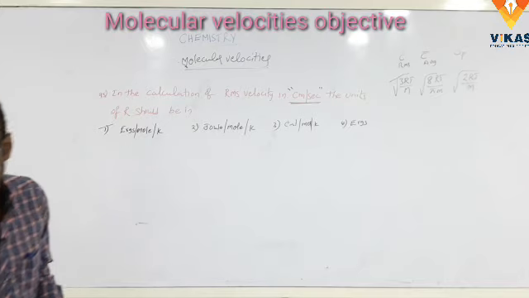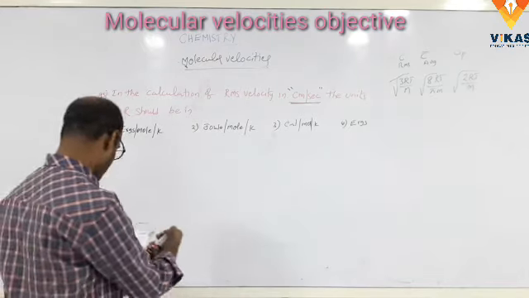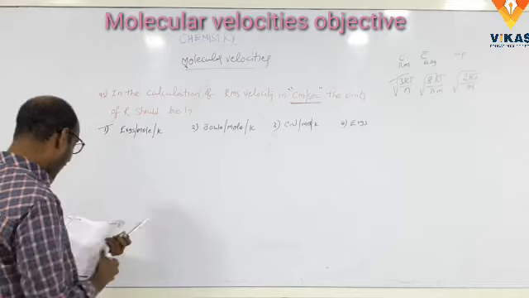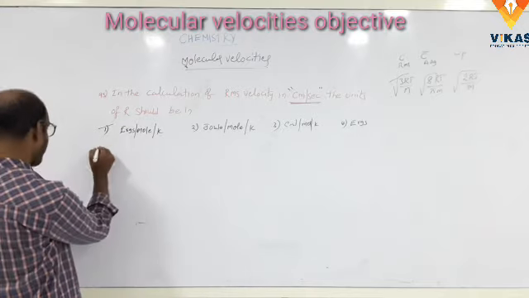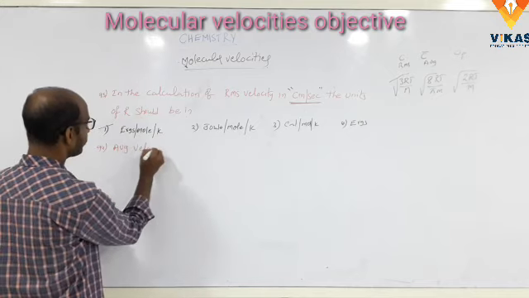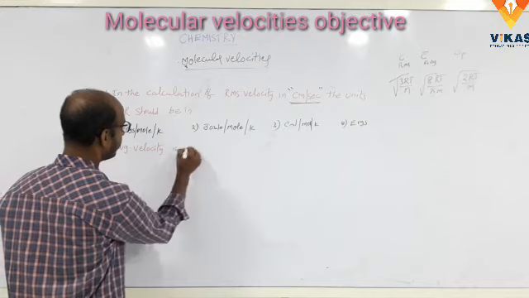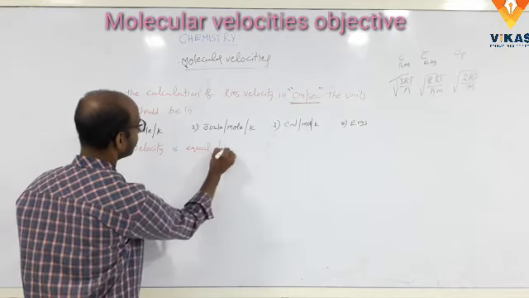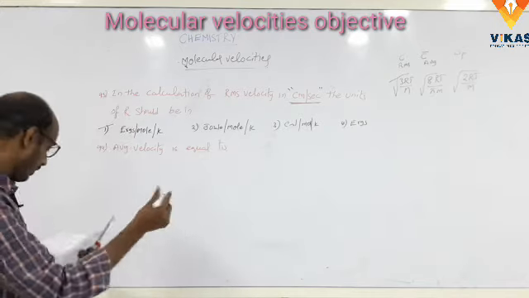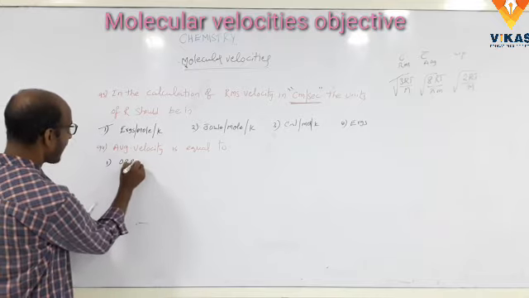Our next question. Question number 94. Average velocity is equal to, and the four options are there. Option 1, 0.8 RMS velocity.